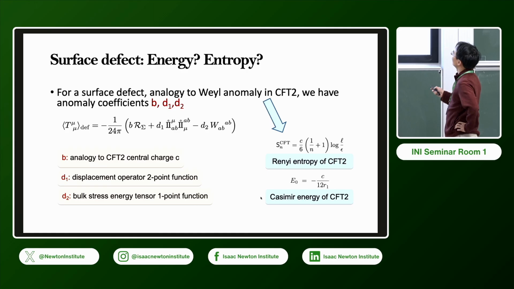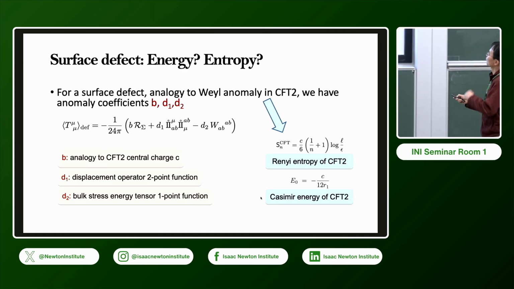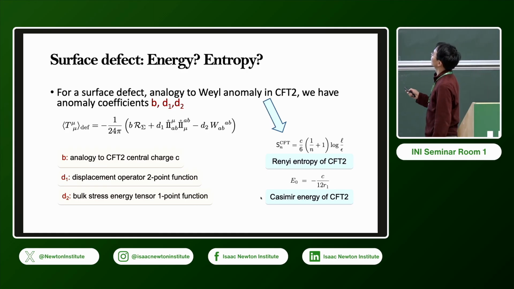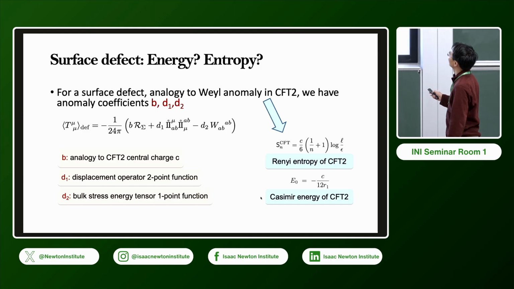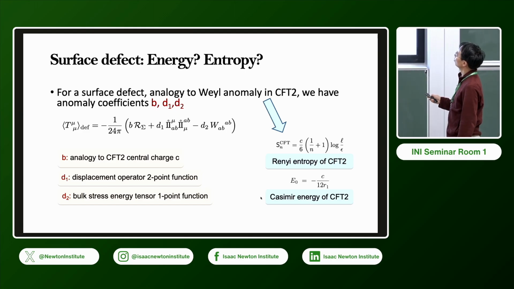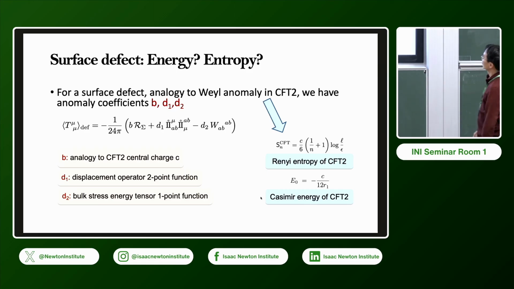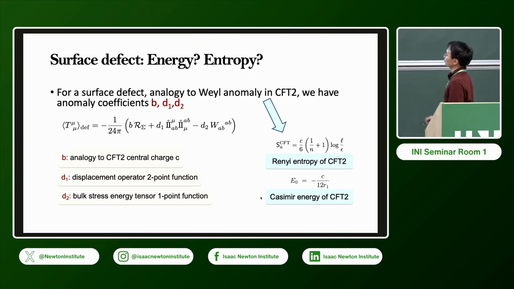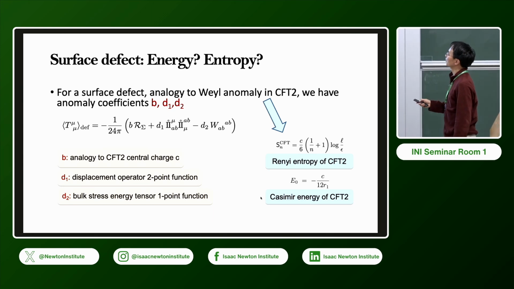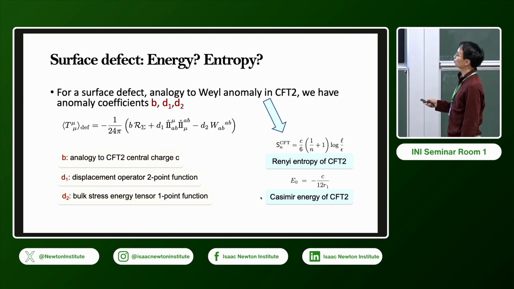So, as mentioned earlier, for a surface defect, analogous to the 2D CFT Weyl anomaly, we have three anomaly coefficients, namely B, D1, and D2. These three coefficients appear in the defect contribution to the trace of the stress tensor. Okay.